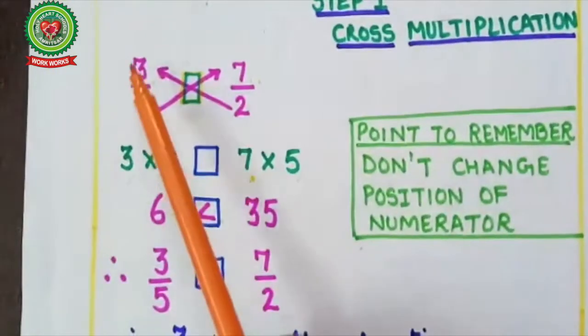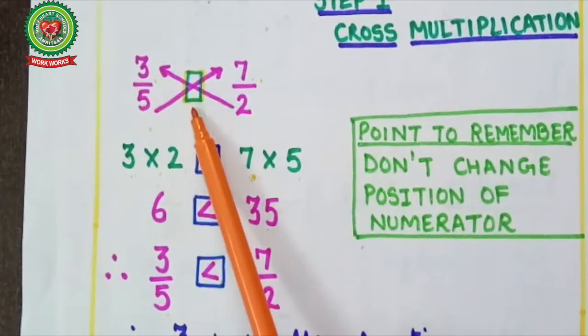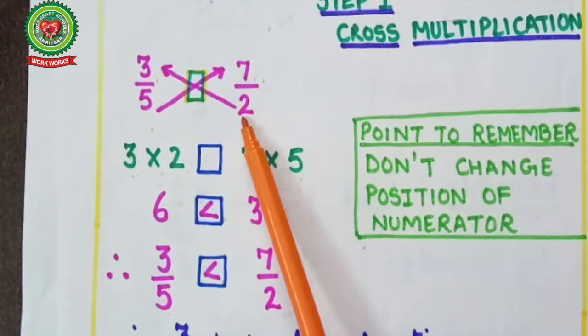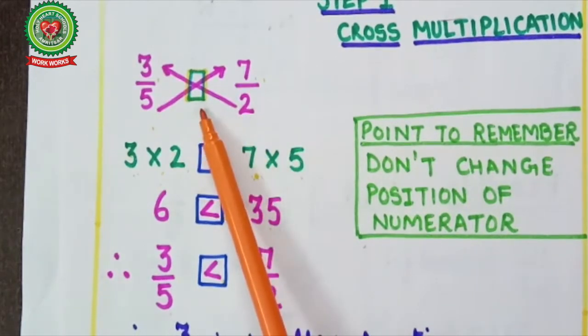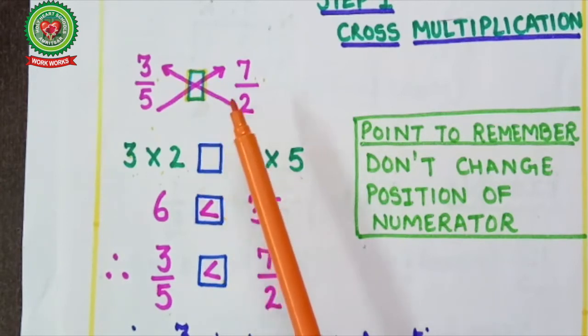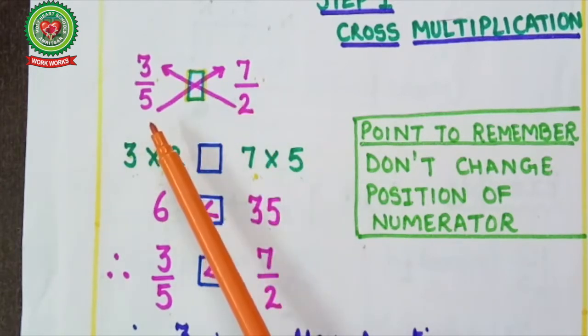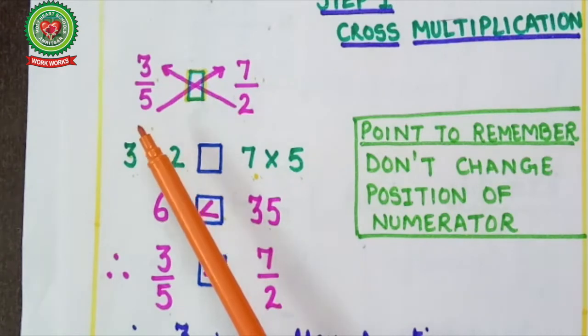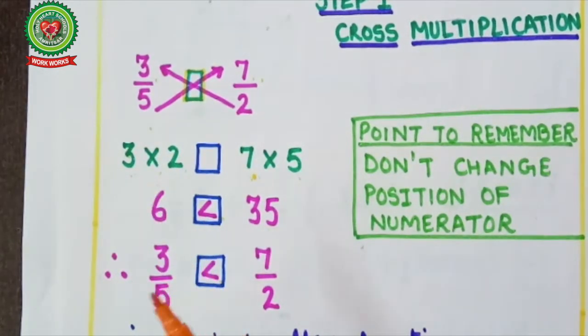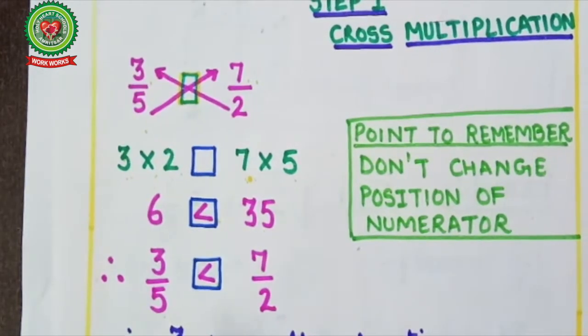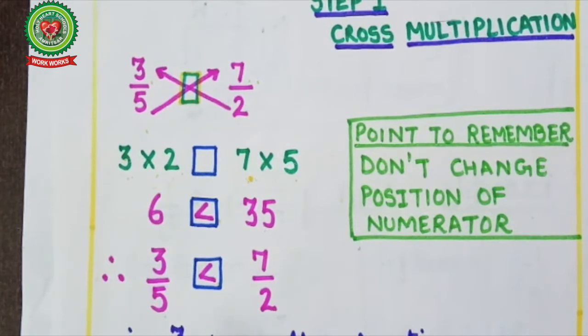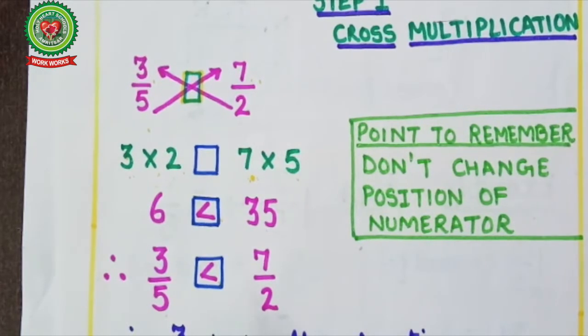So here 3 upon 5 box 7 upon 2. What is the meaning of box? That we are going to check whether these two fractions are equal, or which one is bigger, which one is smaller. Now, position of numerators should be same.